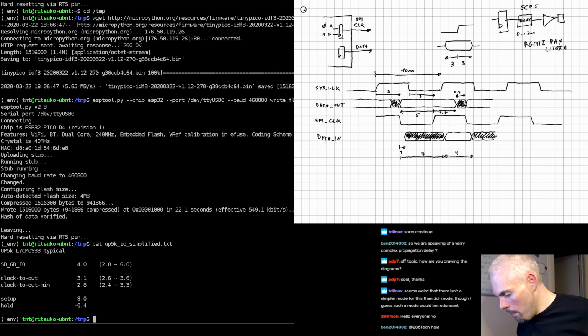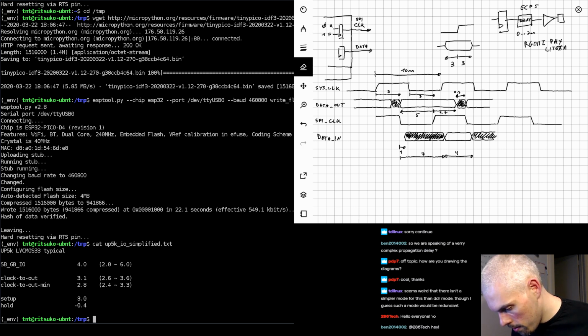So we know, well, we can sample data. If we draw our input flip-flop, I'm just going to increase the size of my FPGA here. We have our output flip-flop.